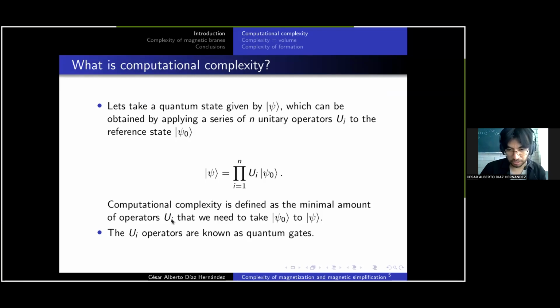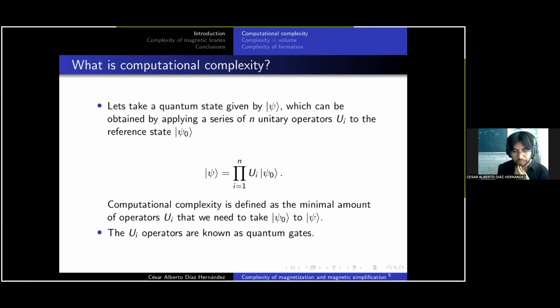These operators are what we call the quantum gates, the operators that you have available. And you can perform these operators on any quantum state and transform it to another quantum state, right? The minimal amount required to make this transformation is what we call the complexity.